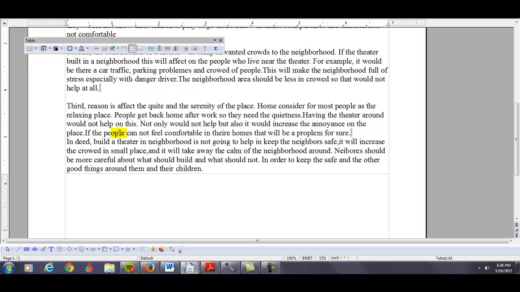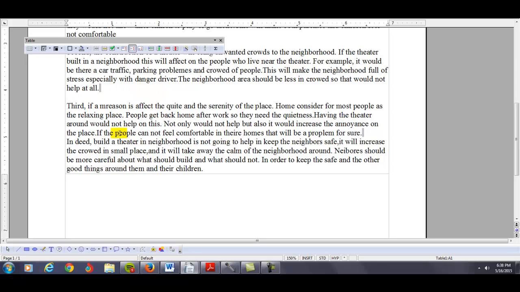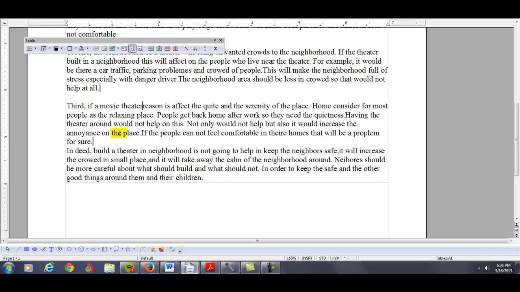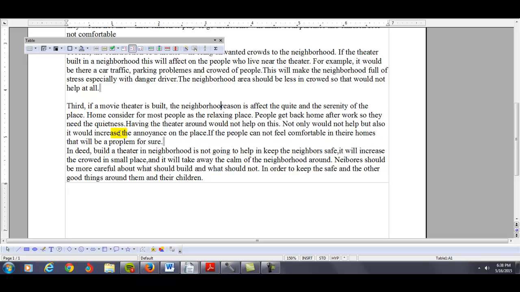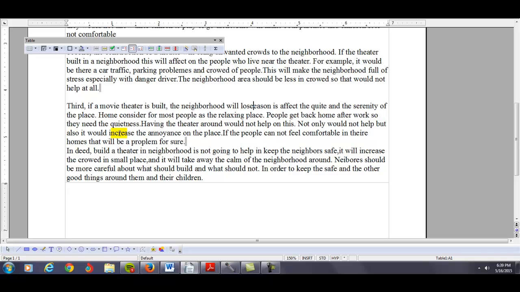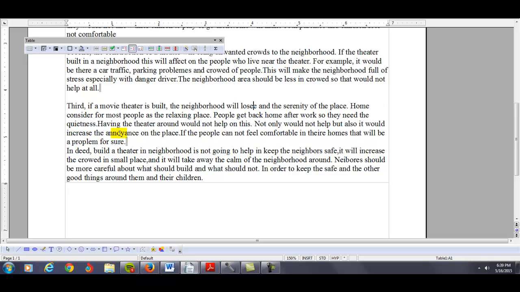Okay, let's take a look at this one. You might say, if a movie theater is built, the neighborhood will lose, you can just say serenity.